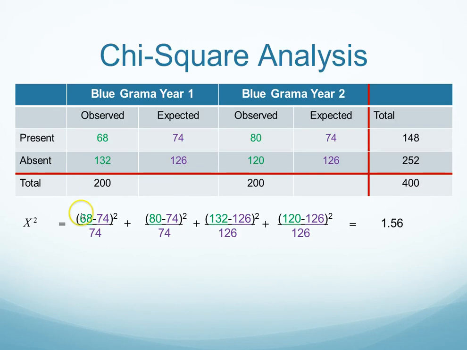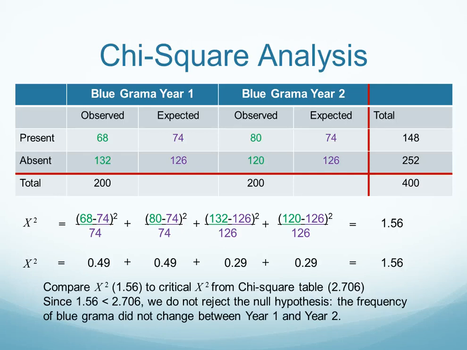In this case, we see we have the observed minus the expected. That quantity is squared, and then it's divided by the expected value. We do this for the present in year 2 and year 1, and for the absence in year 2 and year 1. That condenses down to 0.49 twice plus 0.29 twice, and our chi-squared statistic is 1.56.